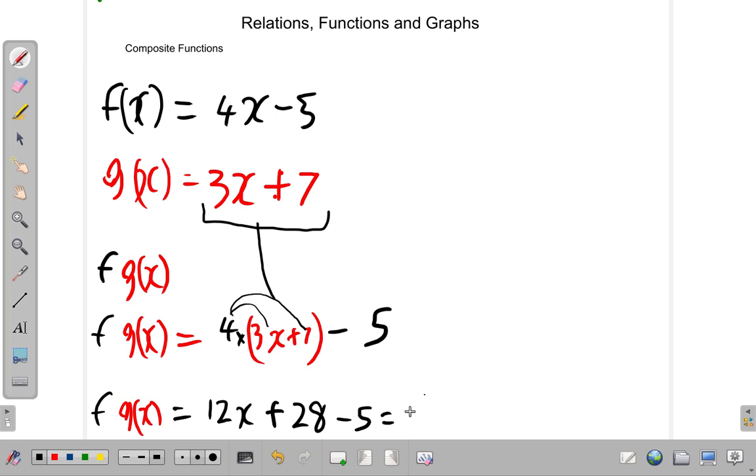So that gives us 12x plus 28 minus 5. 28 minus 5 is 23. So we have 12x plus 23. That is our composite function, f g of x.